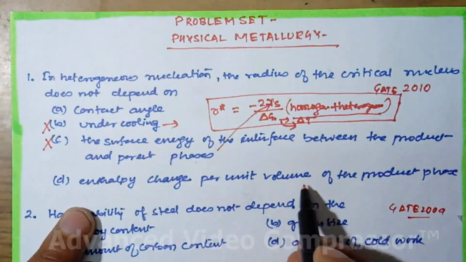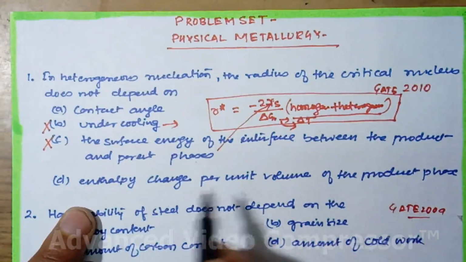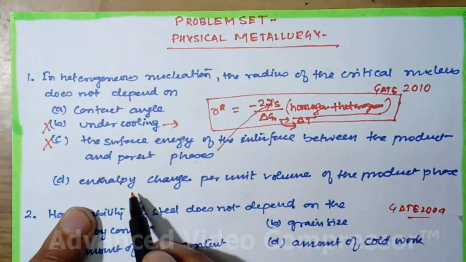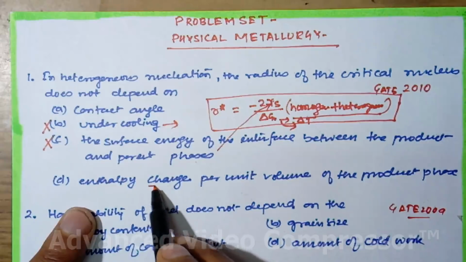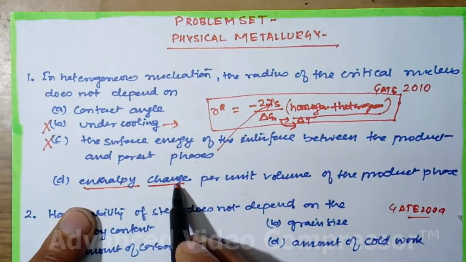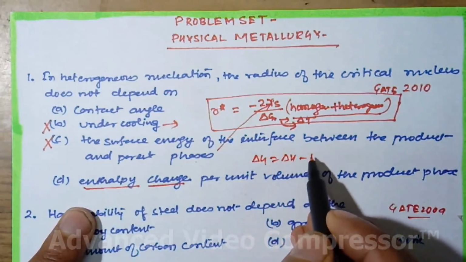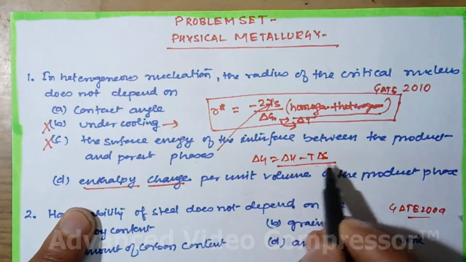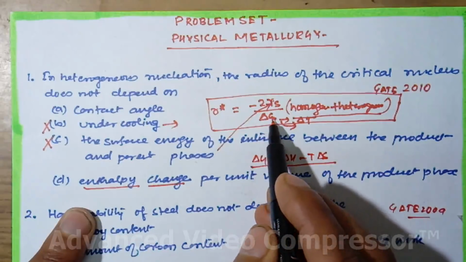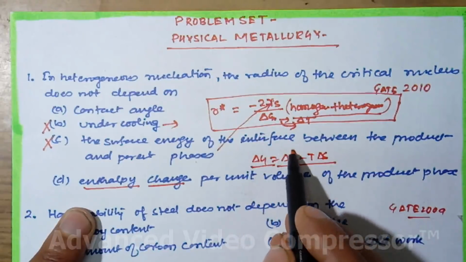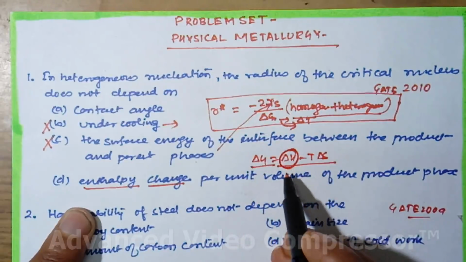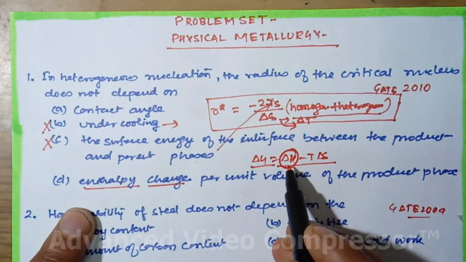Enthalpy change per unit volume of the product phase. Here we have been given enthalpy change, and we know delta G is equal to delta H minus T into delta S. So this delta GV will be related with delta H, though during calculation we generally ignore this term.